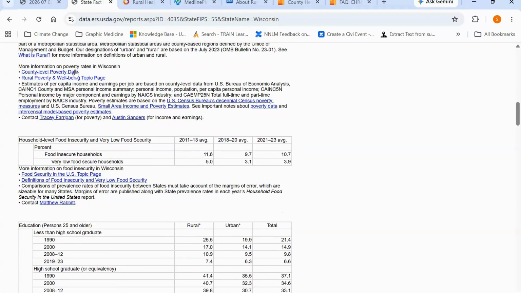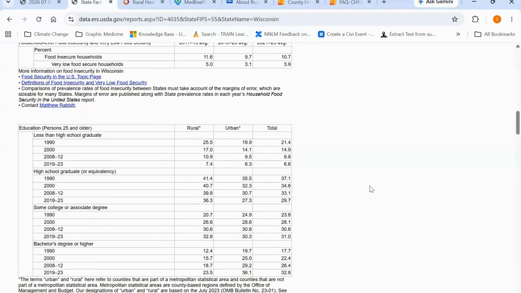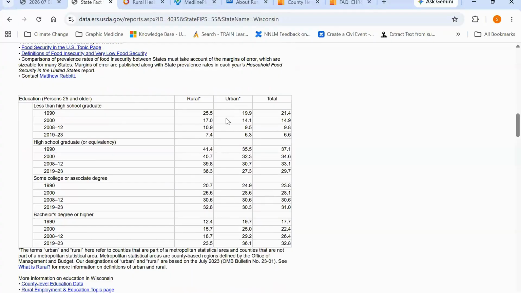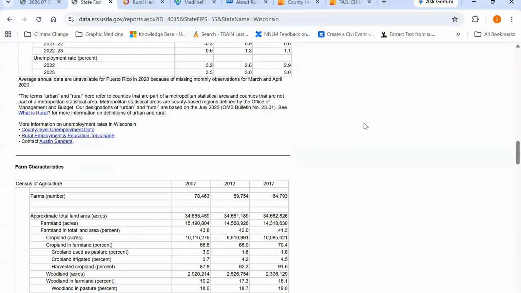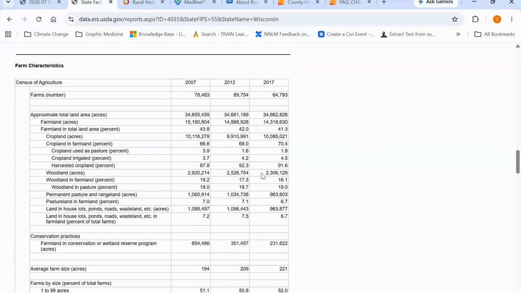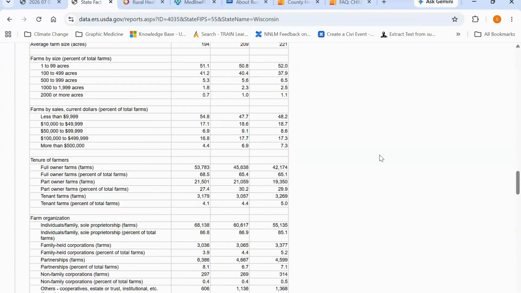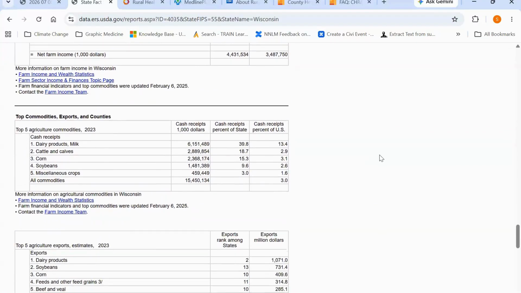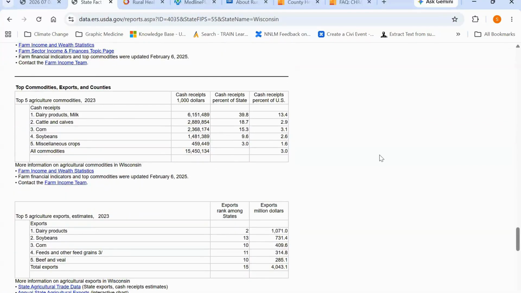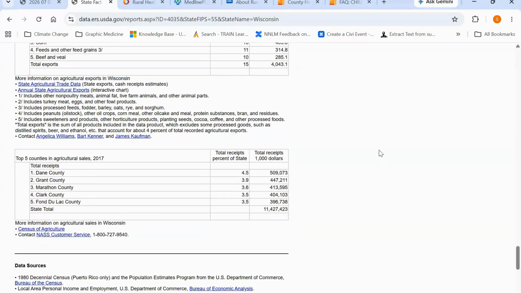Links for things like county level poverty data, rural poverty and well-being topics, and then some more of the census information broken out specifically in rural versus urban, different kinds of farming, since it is the U.S. Department of Agriculture, finance. And so you kind of get an idea of what's in the fact sheet by state.